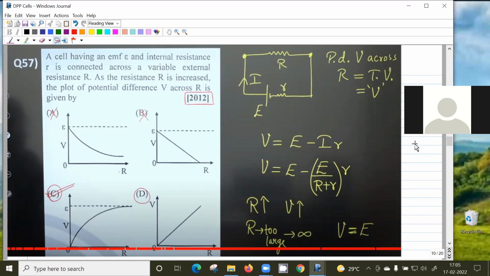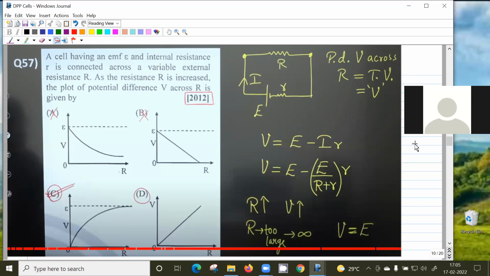So, first option: R is a variable. If R increases, the net potential will decrease, sir. We have to find V versus R, V versus capital R.